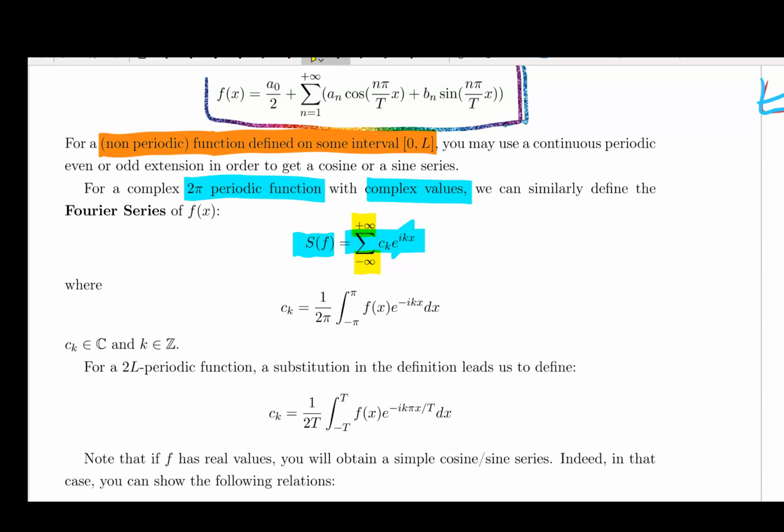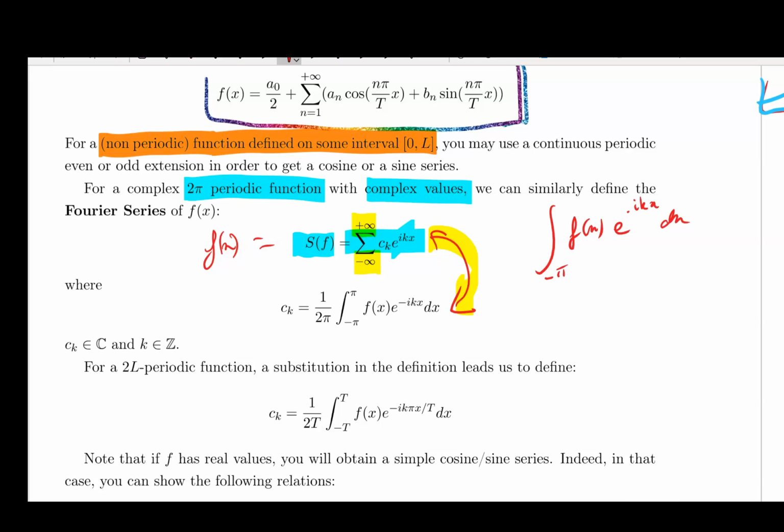If this expansion holds, what does that mean? It means that if this is approximating f of x, you just integrate that against e to the minus i k x dx, and on one side you will get that integral.